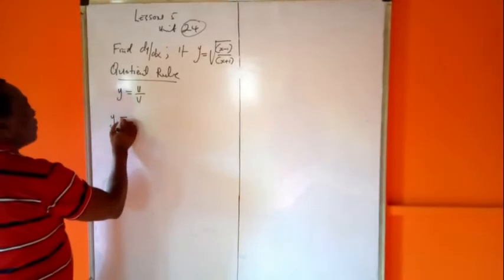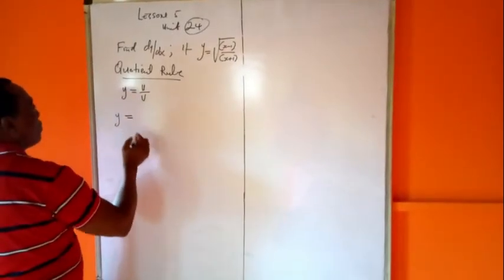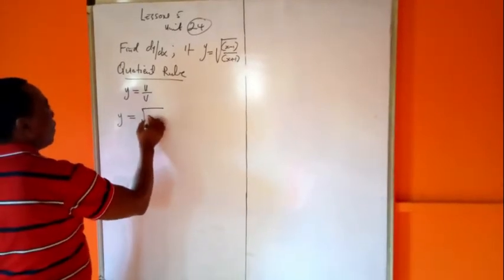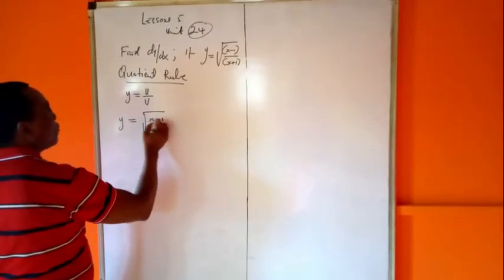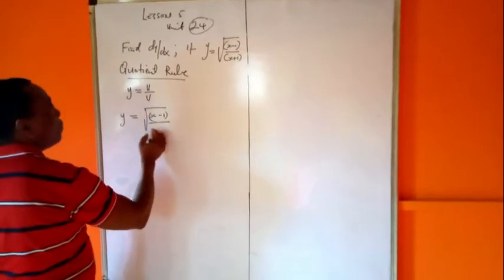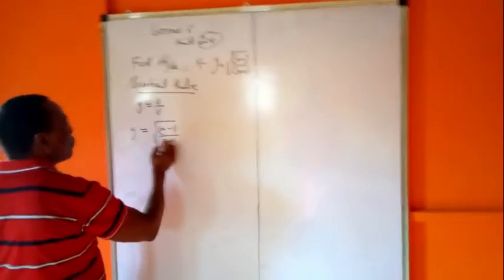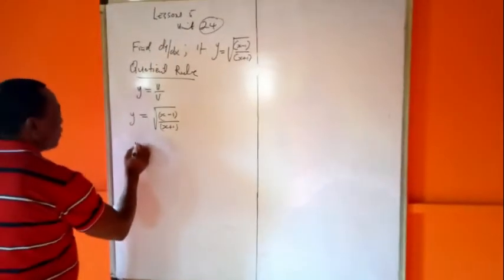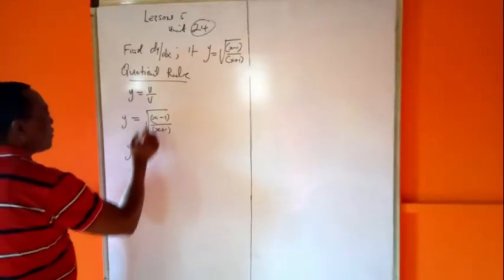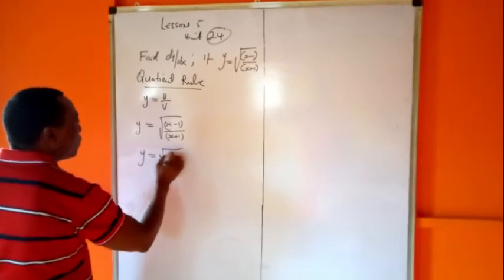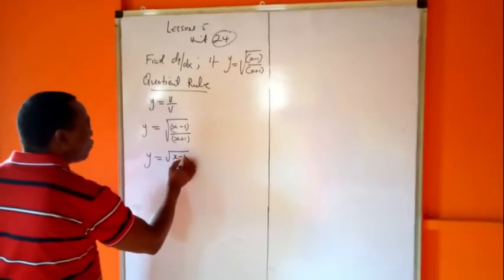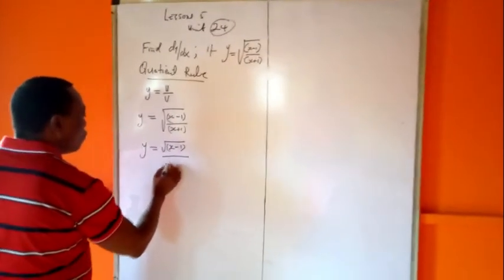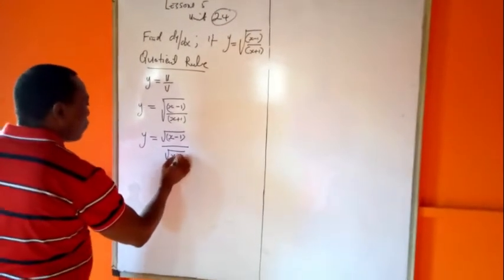Y is equal to the root x minus 1 all over x plus 1. So we can treat it as root x minus 1 all over root x plus 1.